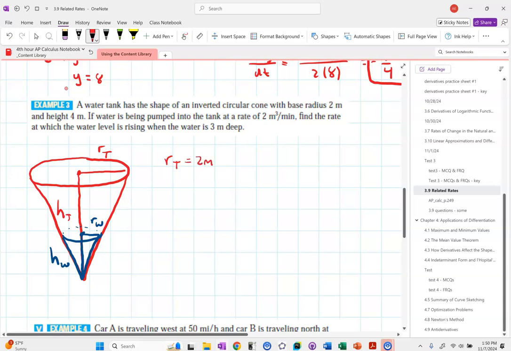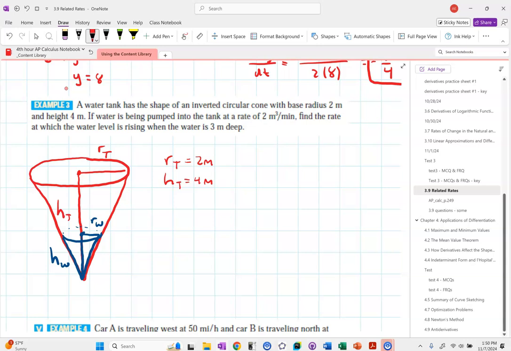And height of 4 meters. What's that? HT. What are those? Constants, right? The cone that's the tank is not changing at all. That thing is constant. The cone of water, that's changing because we're pumping water in and it's getting bigger, right?